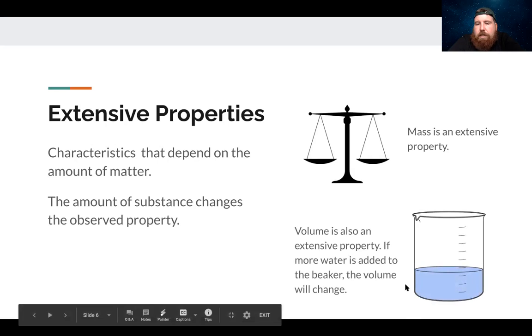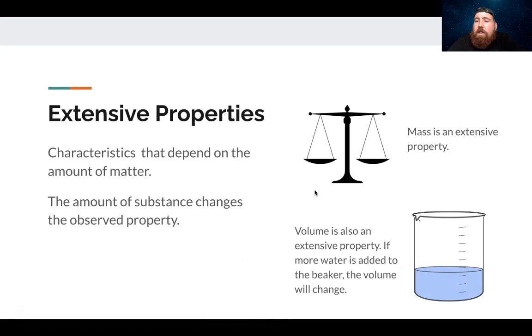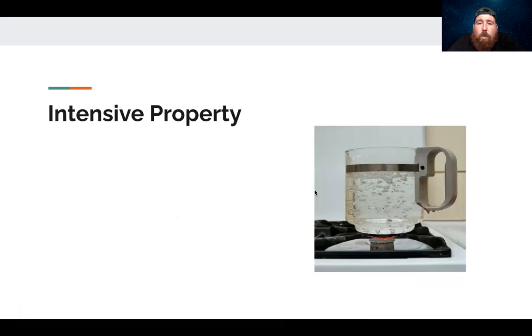Volume is another example of an extensive property. If you have more water added to the beaker, that increases the volume. If I remove some water, then the volume decreases. That number changes.